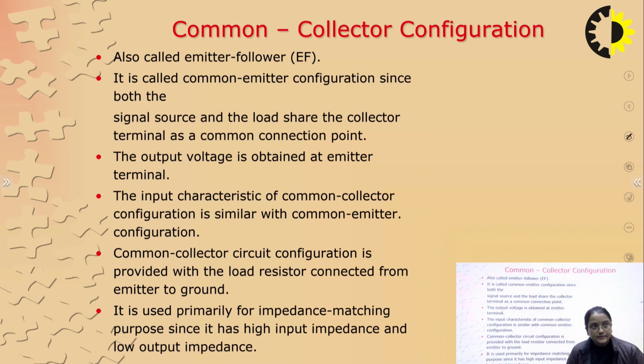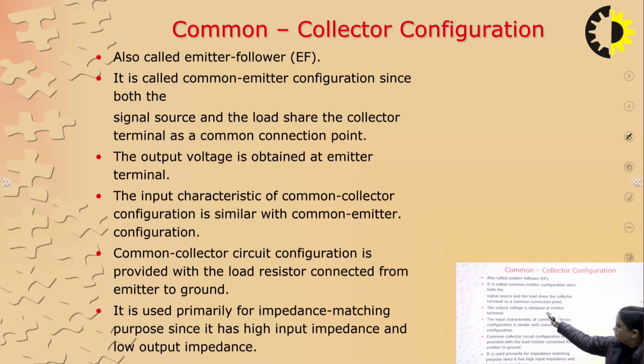The last is the common collector configuration. In common collector configuration, your collector terminal is common between both your output and the input, that is your emitter and the base, and your collector terminal is grounded in this case. The output voltage is obtained at the emitter terminal.